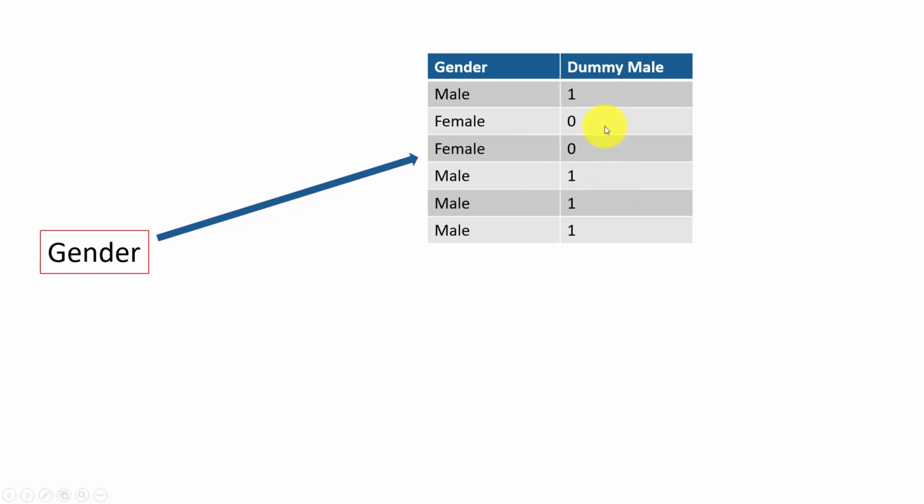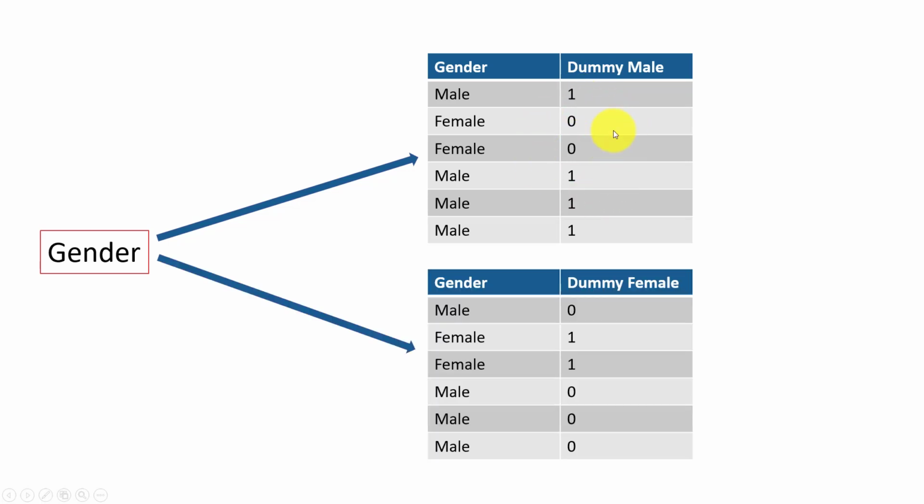We could also have coded it the other way around, generating a dummy variable for female instead, with a value of 0 for male and 1 for female. It doesn't matter which way we do it; the values might change, but the conclusion would remain the same.